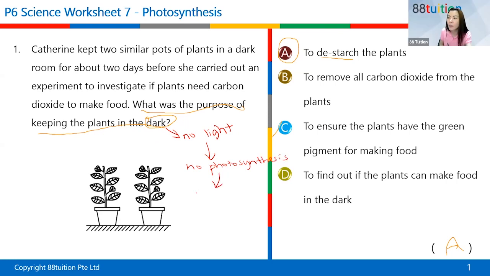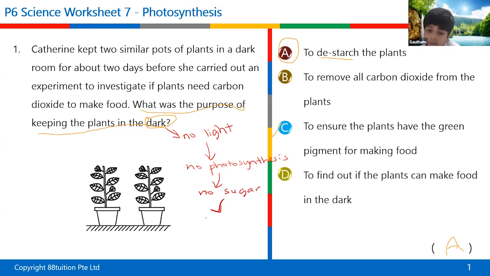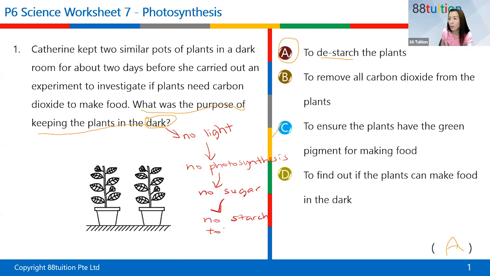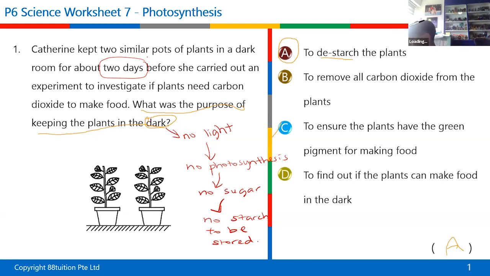No photosynthesis means no food, so it cannot store any starch. So no starch to be stored at all, right? And how many days did it happen? 2 days. So practically there is totally no starch in the plant, right? Yes. Okay, you're right.